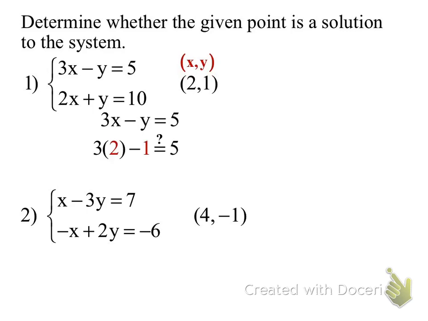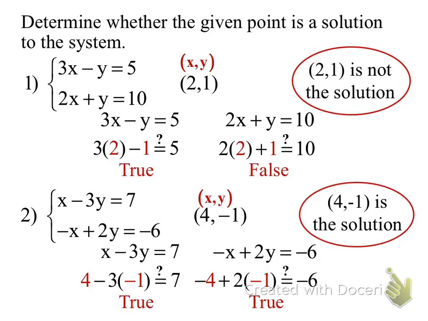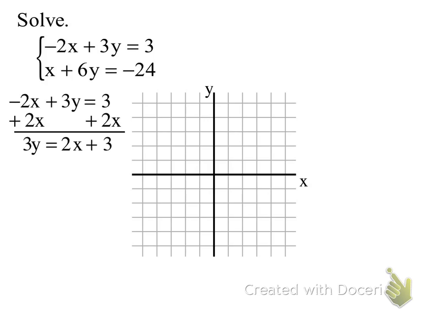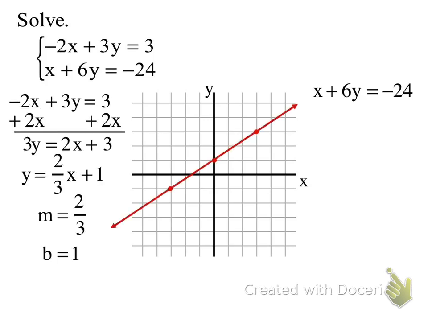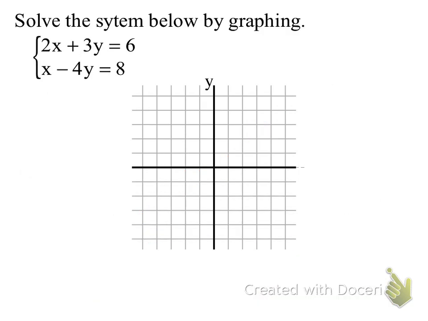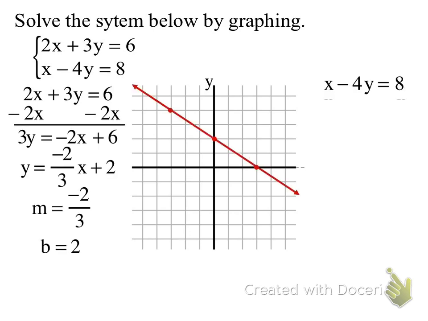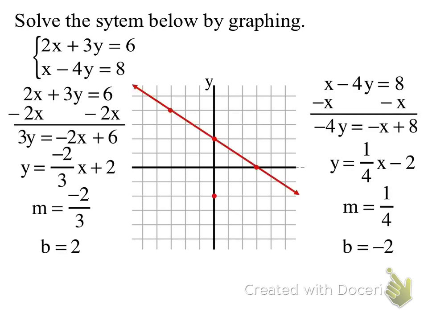Okay, so remember I said to you, this is not the favorite method. First of all, it's time consuming. And secondly, this is the reason why. Graph this problem. What's the issue here?